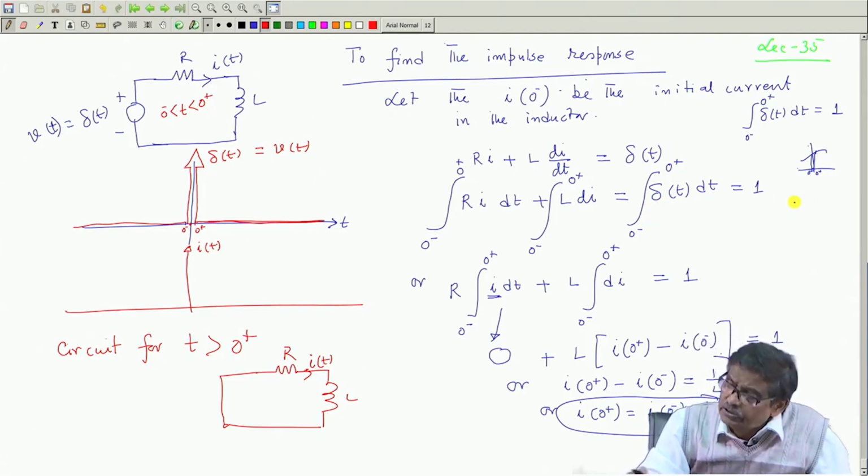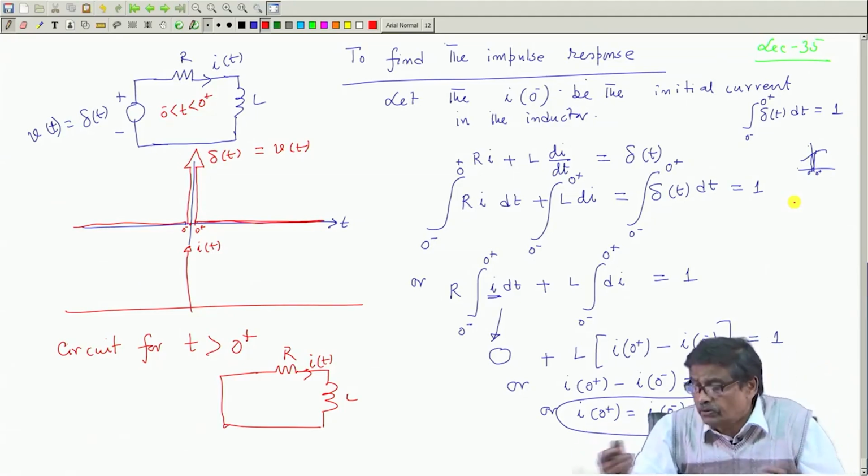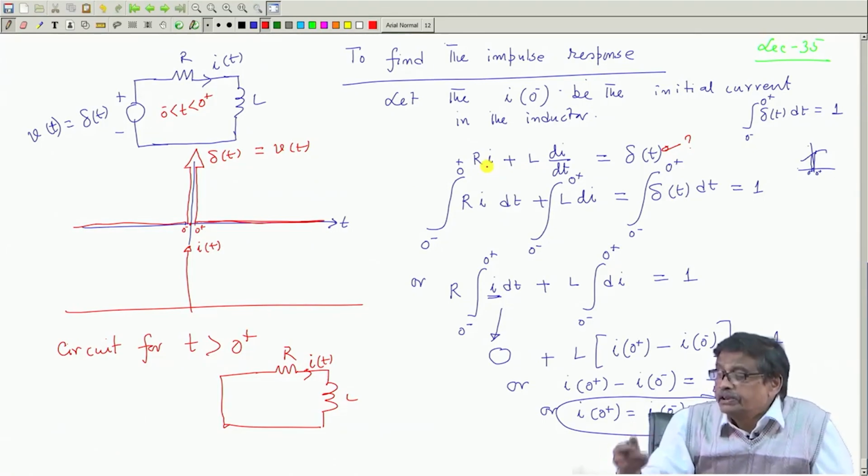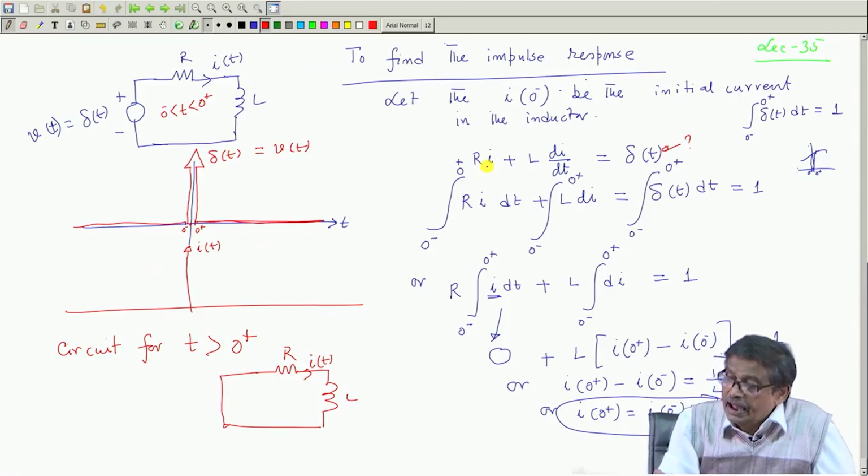So, we started with an open mind, KVL is satisfied, Ri plus L di/dt is equal to delta t, that is good. But then the question is, this differential equation I cannot proceed further, simply because the right hand side is infinite. But now I exploit the property of the impulse function and integrate both the sides in the limit 0 minus to 0 plus.